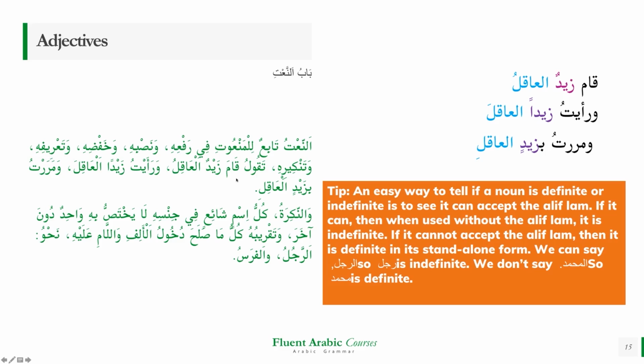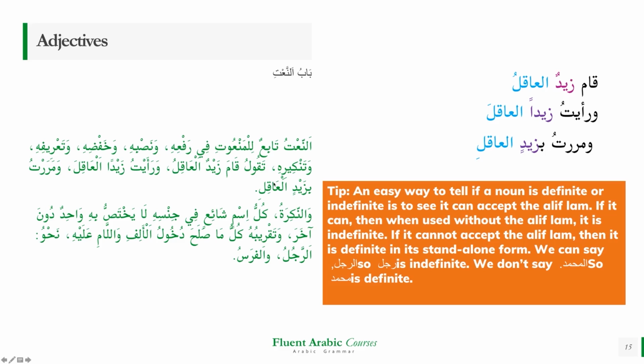Its definiteness or indefiniteness, which means that if the man'ut is a definite noun, the sifa, the na'at, is going to be definite as well. And if it is nakira, if it is indefinite, the na'at is also going to be indefinite.